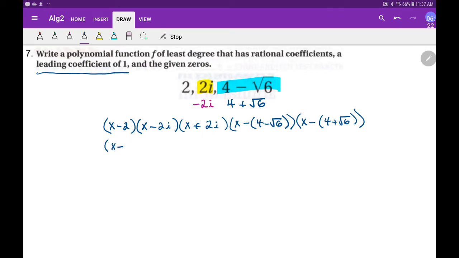First, we'd say x minus 2 times... I know what's going to happen here, no middle term, right? Because they're conjugates. So I'm going to get x squared, and I'm going to get minus 2 times 2 is 4, i times i is i squared, and if i is equal to the square root of minus 1, then i squared is equal to minus 1.